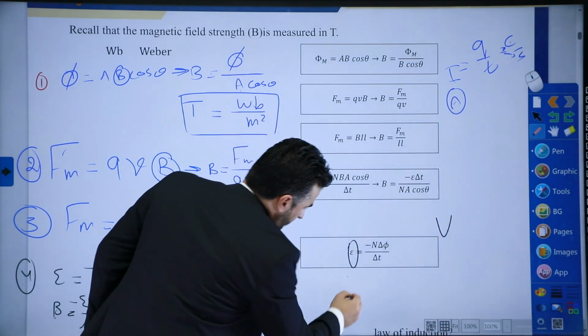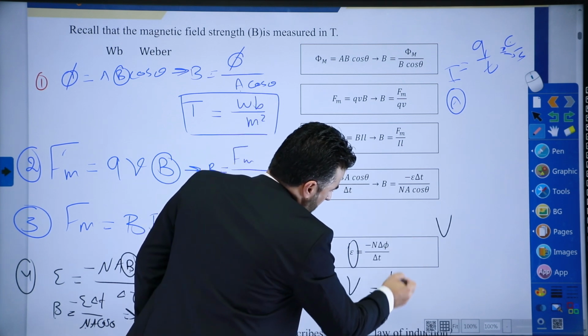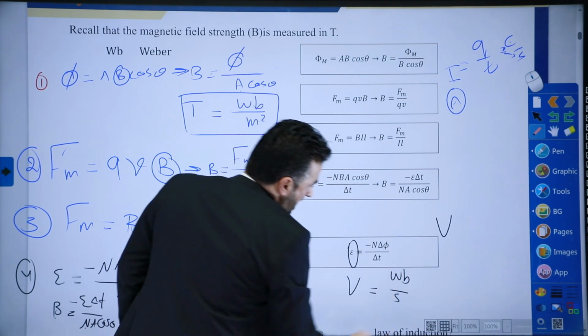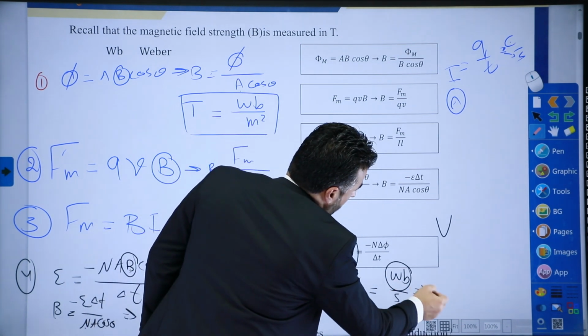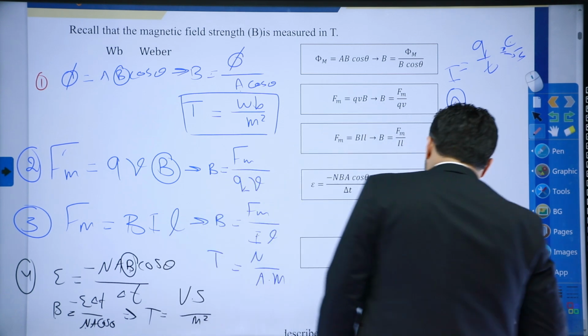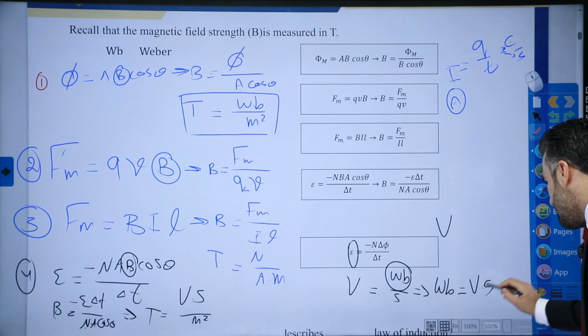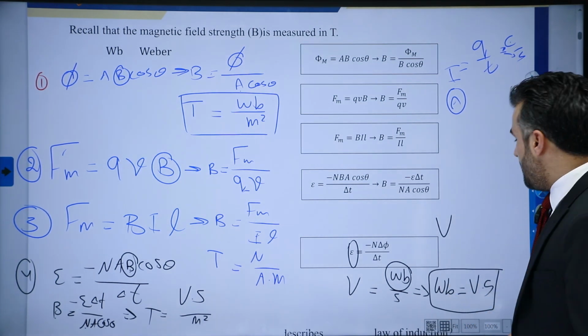So this is measured in volt, and this is N number of turns. Flux is in Weber, divided by second as well. So of course, you can see here, this Weber, which we went through previously, equals volt second as well. This is another important unit that we have.